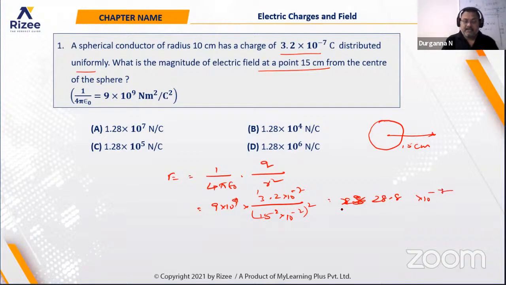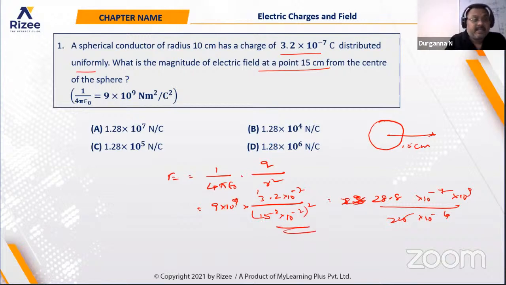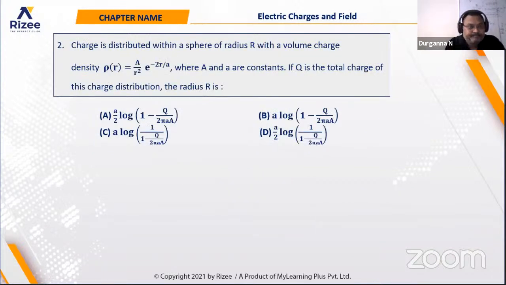Correspondingly, this is 10 to the power of 9 by 15 square, 225 into 10 to the power of minus 4. Now solve. If you solve this one, you can get your corresponding answer. It's a tricky calculation. So you might have understood how we need to substitute the values.